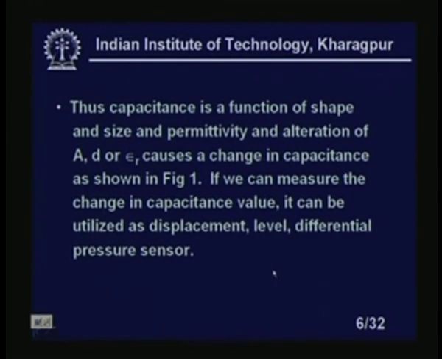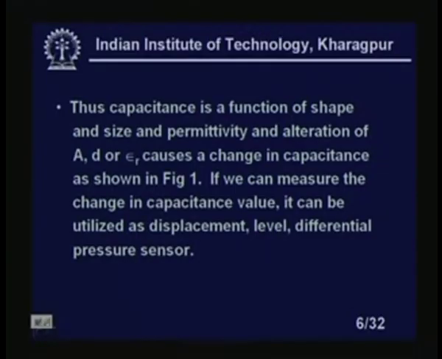The capacitance is a function of shape, size and permittivity, and alterations of A, D or epsilon r cause a change in capacitance as shown in figure 1. We will show figure 1. So that means if either A, D or epsilon r changes, we will get a change of capacitance. Okay.